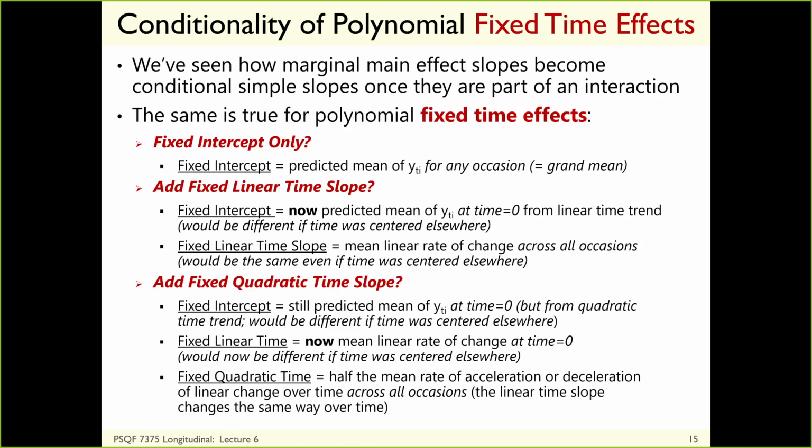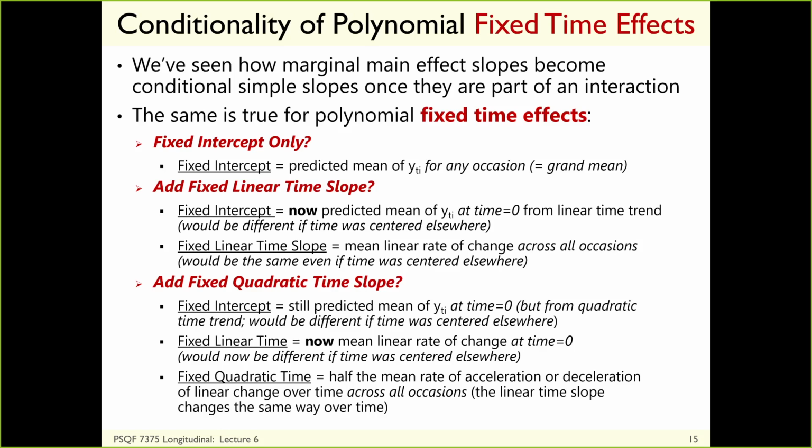What would happen to my fixed quadratic time if I had cubic time in addition to it? At time 0, exactly. It becomes conditional as well. And then it is the rate of acceleration at that point, because a cubic model predicts the rate of acceleration to change across time.